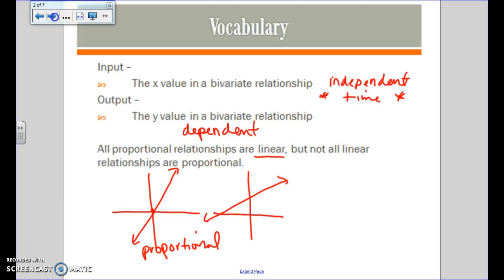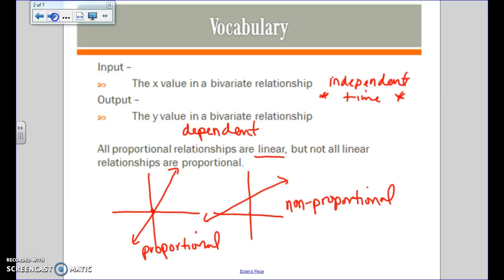This graph, the second graph, would be non-proportional. It is linear though. However, it does not cross through the point 0, 0. And so we talked about this yesterday, and we identified different types of proportional and non-proportional graphs.